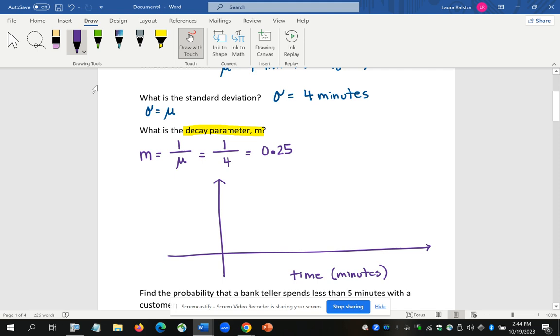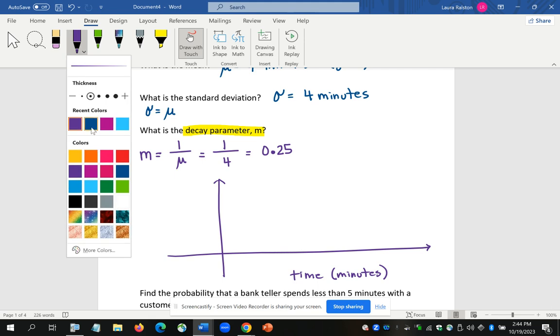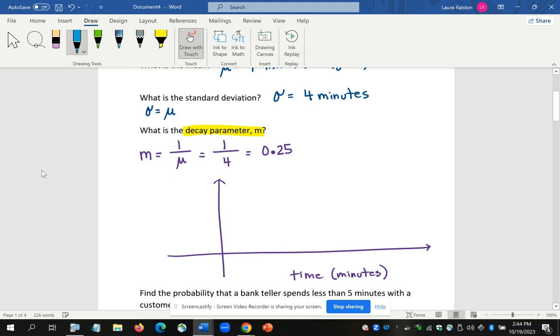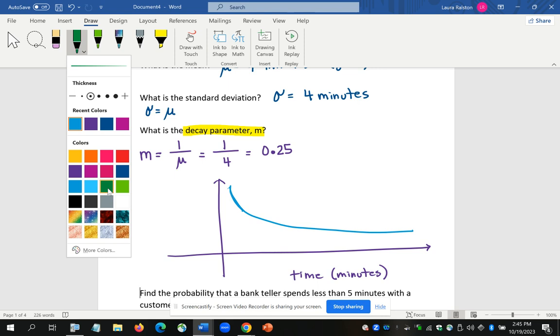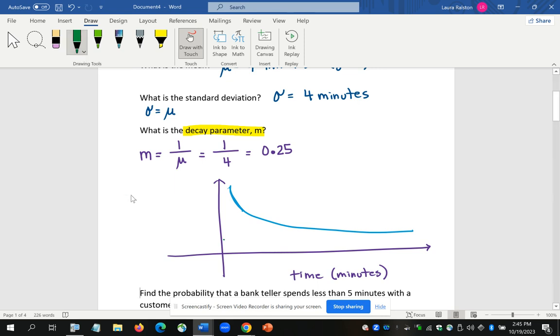So visually, an exponential function in general is going to look something like this. It's kind of an L shape, and it could be going in either direction, whether it's going down, or you could have one that is going up.